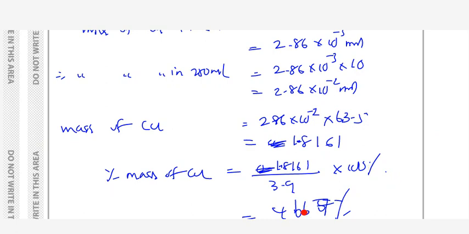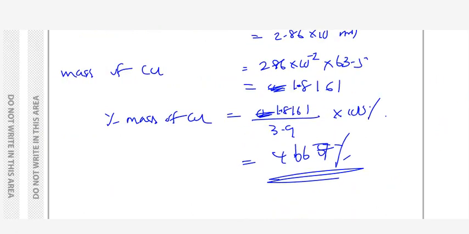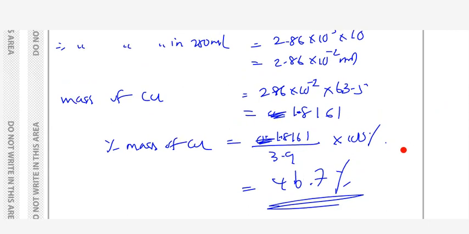Appropriate number of significant figures, meaning 3 significant figures is sufficient. Clear? Any questions there?